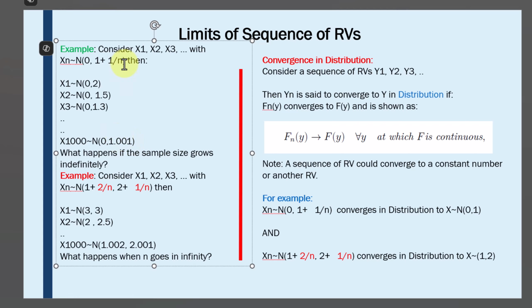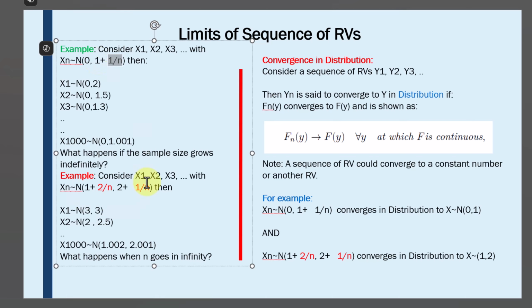And that's not a surprise because as we increase n, this part of the standard deviation goes to 0. Finally, if we take the limit of n going to infinity, which is the limit of the sequence, this 1/n goes to 0, and we are left with a normal distribution with mean 0 and a standard deviation of 1.